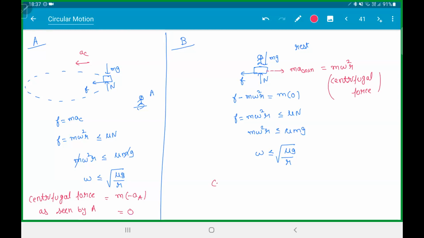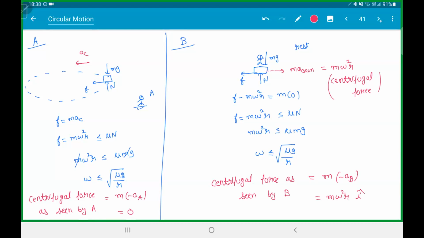If you ask what is the centrifugal force as seen by B, it is mass into acceleration of observer B in the opposite direction, which is m into omega square r i cap. Clear?